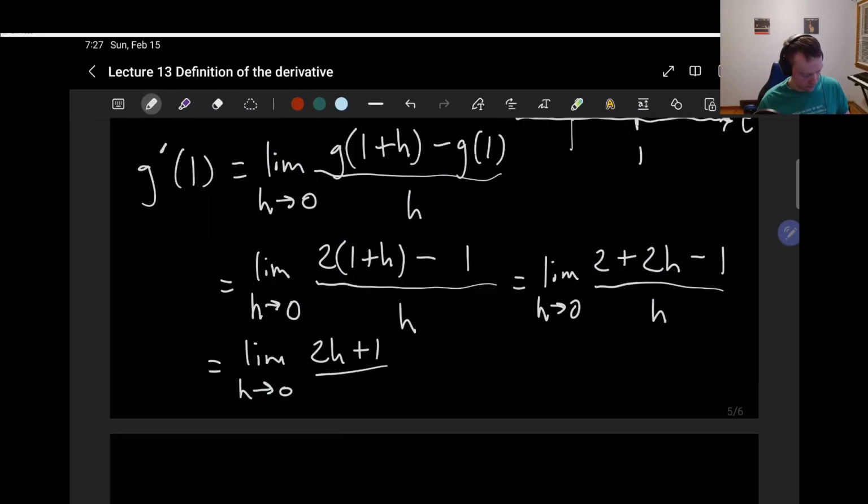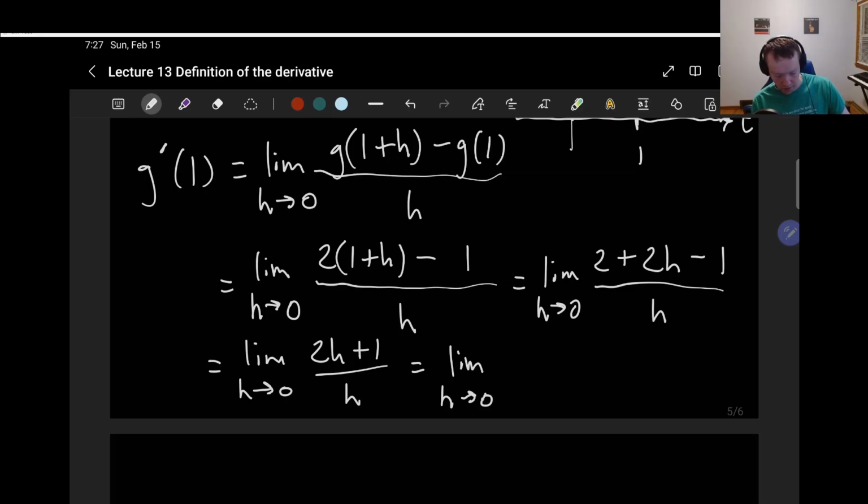There we go. Now, notice that we're not quite able to cancel h because we don't have an h in both terms. That plus 1, it's missing an h. So that's what causes this to be a problem.